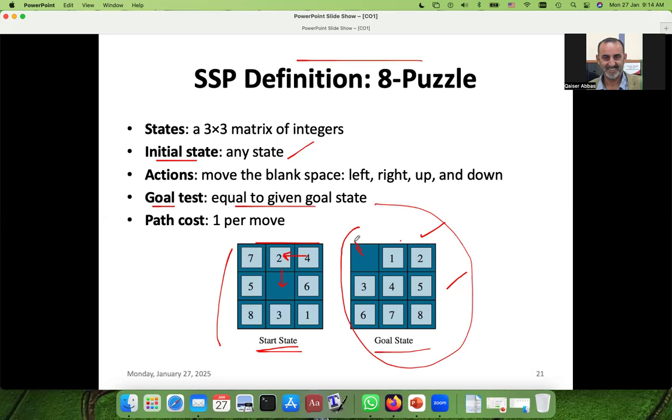If you want to write it in words, you can say space in the top left upper corner, and all blocks then in ascending order. So that would be the goal state, not goal test. This is an ambiguous word. Goal state.